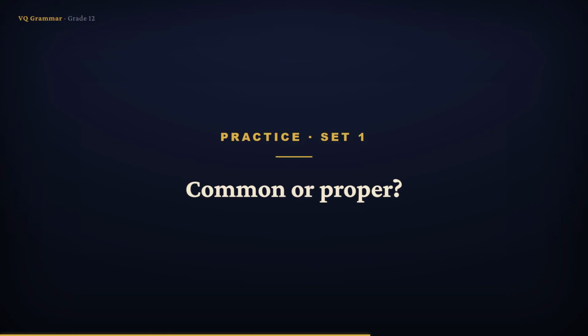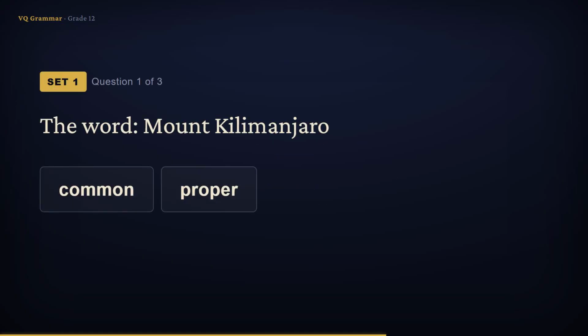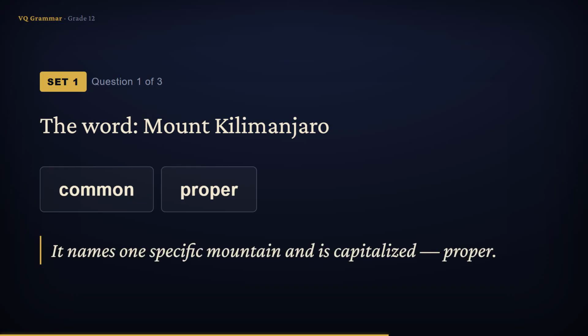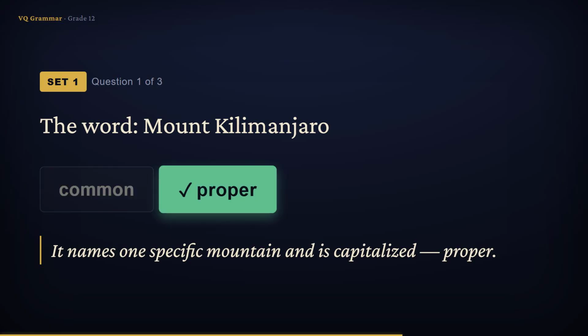In this first set, I'll show you a noun, and you decide whether it's common or proper, general, or a specific capitalized name. Pause the video and choose before I reveal each answer. The word is Mount Kilimanjaro. Ask yourself, is this a general category or the name of one specific thing? It names one particular mountain, and it's capitalized, so Mount Kilimanjaro is proper.